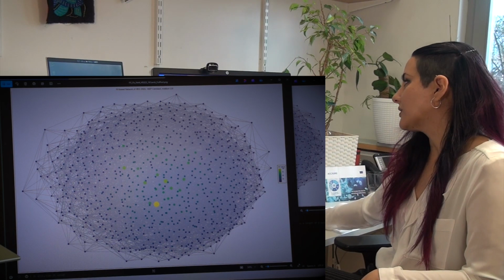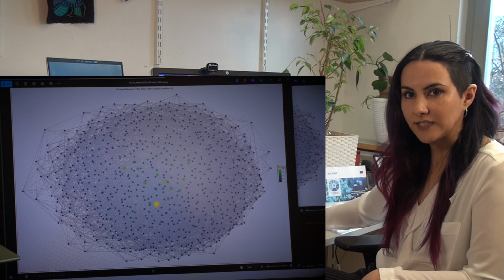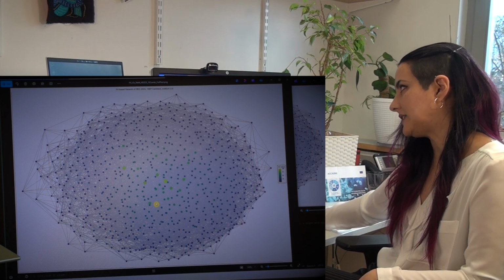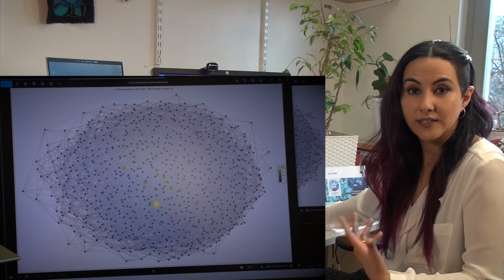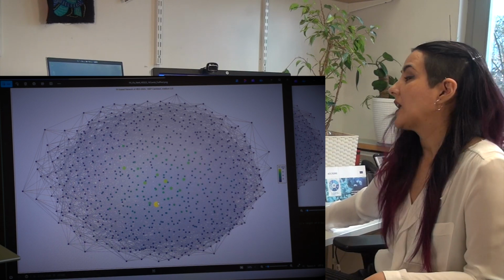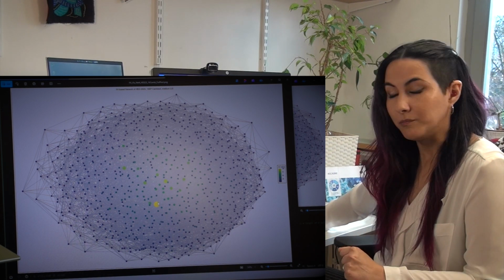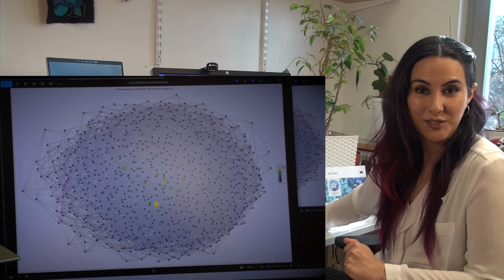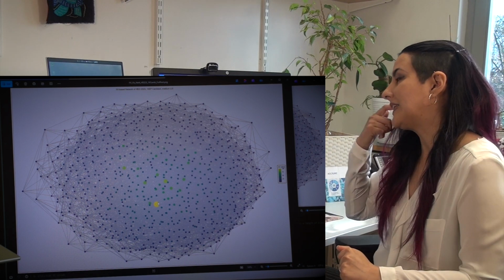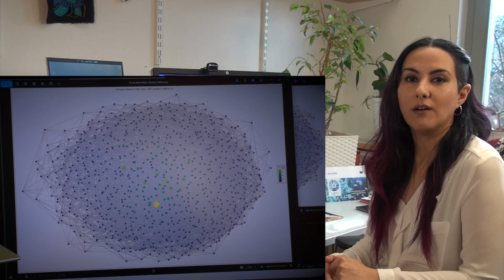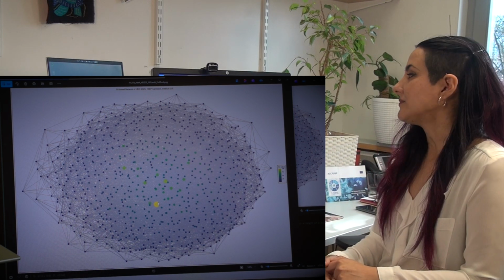So here we have a good candidate for a keystone taxon. This yellow circle here is a taxon, an ASV, a bacteria, very likely a bacteria that is influencing a lot the structure of the microbial community.